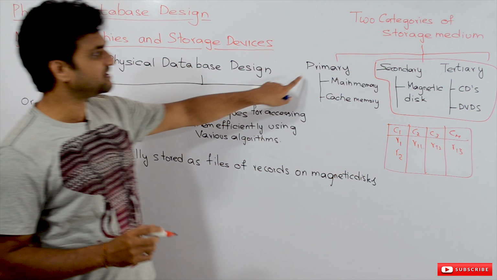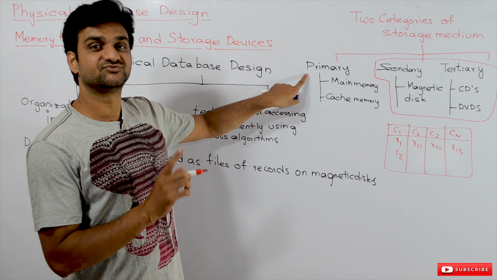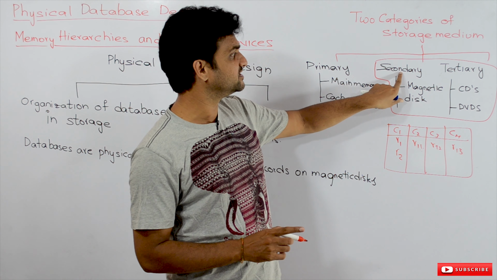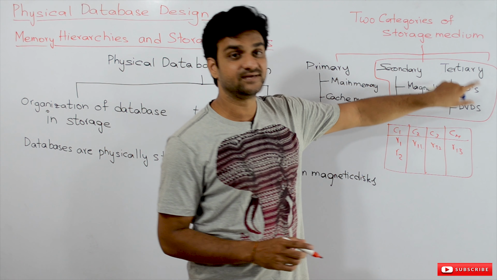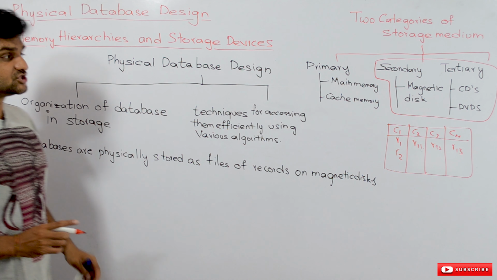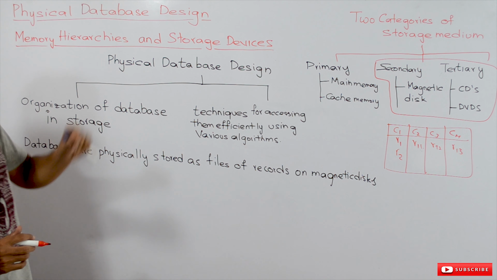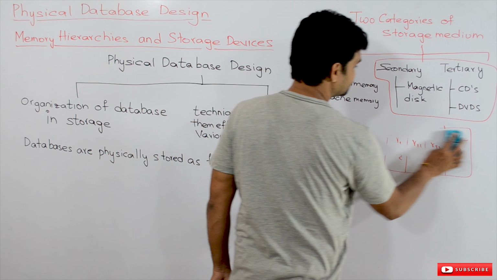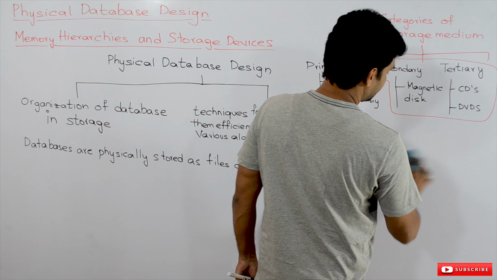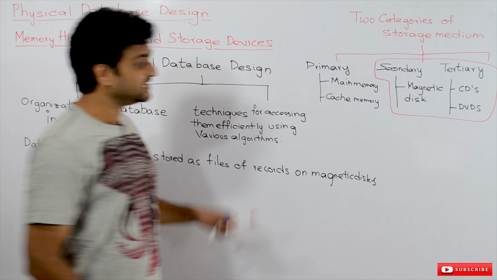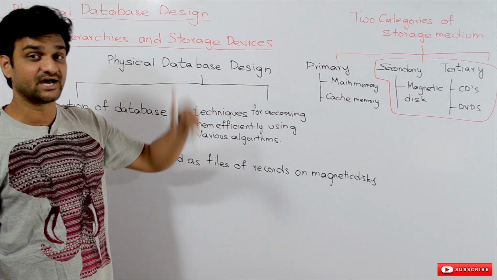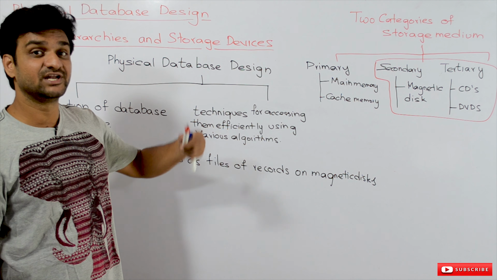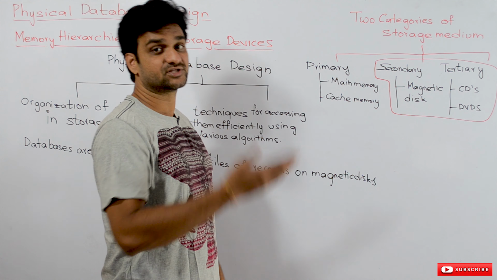Primary memory is one category, and the next one is secondary and tertiary memory. What difference do these two have? We will first try to understand that, and later we will understand the memory hierarchy, how the memory gets organized in a computer.